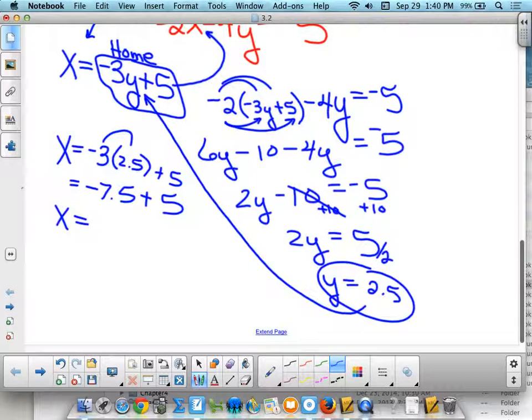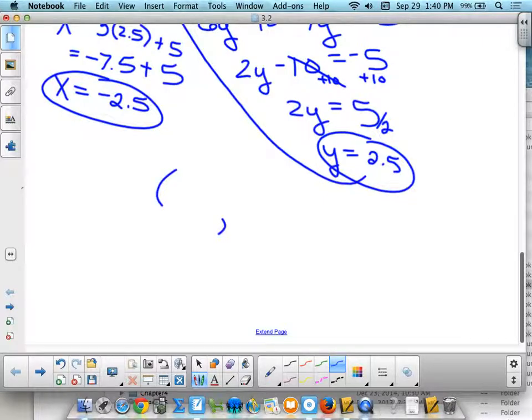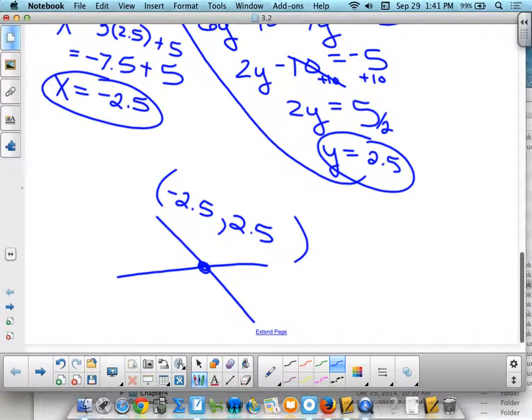Negative 2.5, right. So the two lines, if you would have graphed them, intersect at negative 2.5 and 2. That would be the intersection of the two lines, if you graph it. But we're not graphing. Okay?